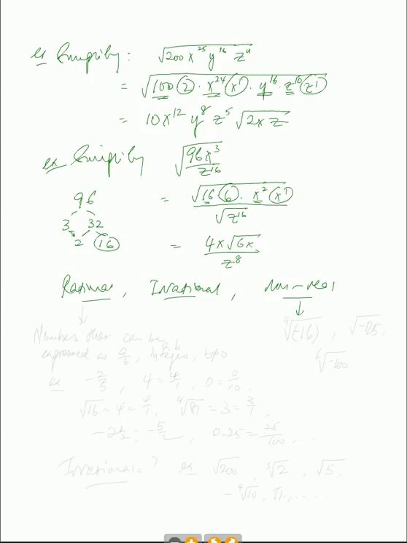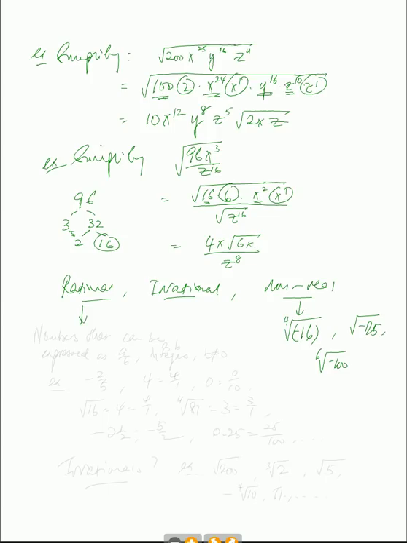Non-real, I think I've mentioned to you, usually happens when you have an even index, like a 4, and the radicand inside is a negative, like negative 16, that's non-real. So things like square root of negative 25, that's not real. 6th root of negative 100, that's not real. So long as it's an even index with a negative radicand, it is non-real. Okay, so that's your non-real collection.